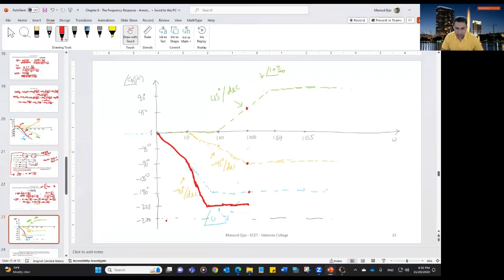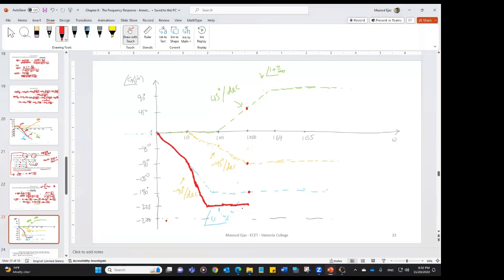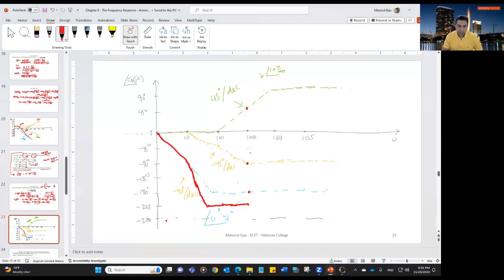And this is negative 180 degrees. So 45 minus 45 is 0. That's 45 and then negative 90, so that's negative 45. And that's negative 180, so it's going to be negative 225.